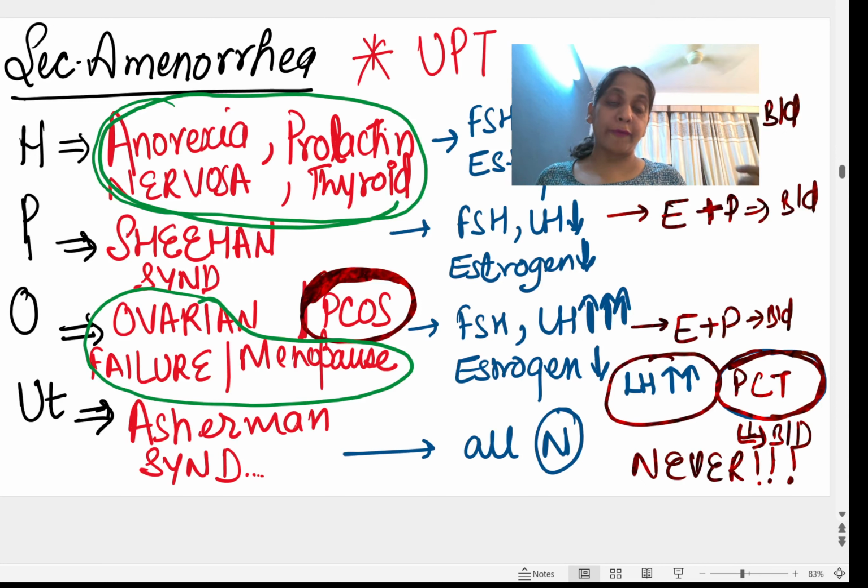See, estrogen has one important side effect: it increases the coagulation tendency of the body. So all those persons who have increased coagulation tendency, we will not give this estrogen-containing combined oral contraceptive pills. So who all have increased coagulation tendency?